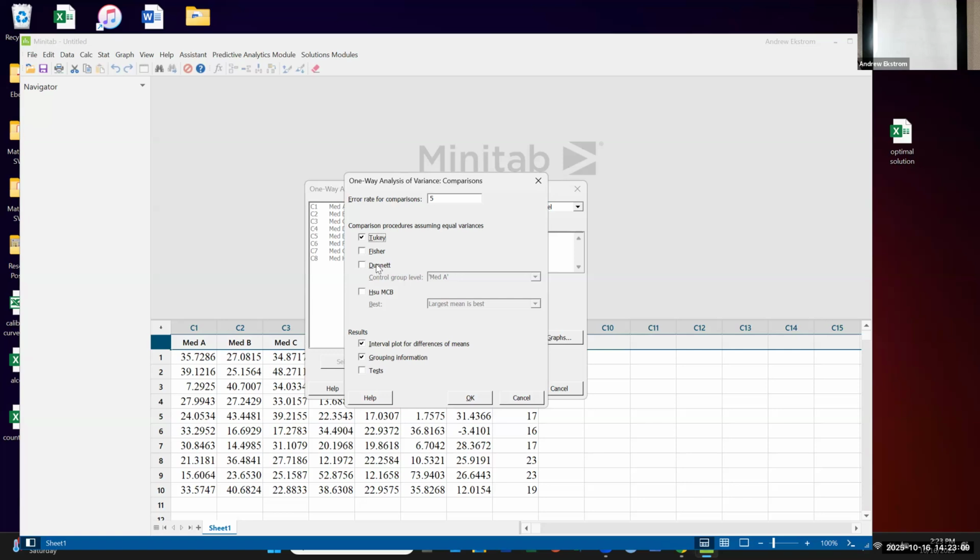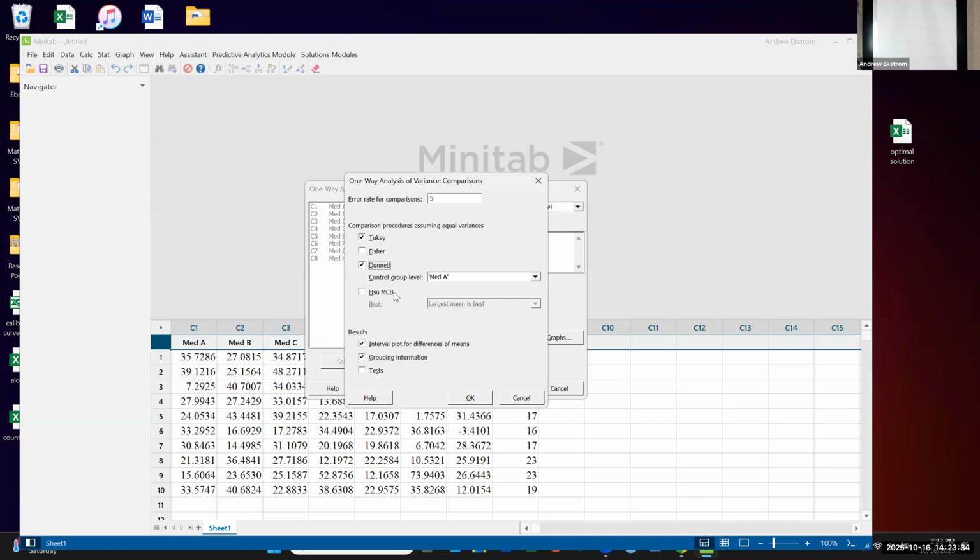You can also see here that there is Dunnett and Hsu, and you can see kind of what it says on here. Dunnett allows us to pick a control group. So again, depending upon the type of data we're dealing with, there might actually be a control group that we want to compare against, in which case we can click on that.